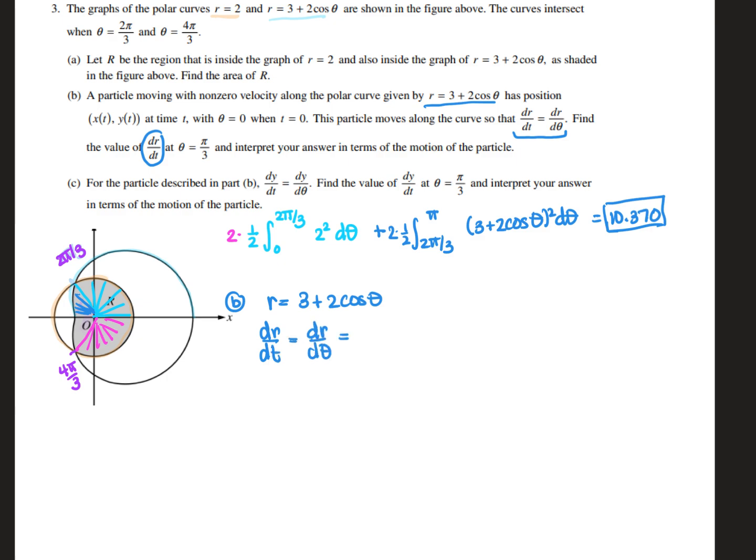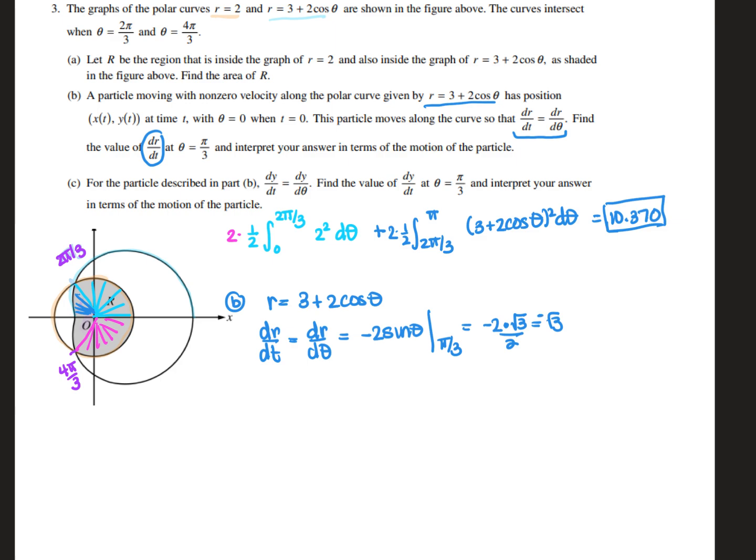So all I have to do is take the derivative of this, so minus 2 sine theta, and we're going to evaluate this at pi over 3. And at pi over 3, sine would be root 3 over 2. So negative 2 times root 3 over 2, which would then be negative root 3. Okay, so how do we describe the particle motion?